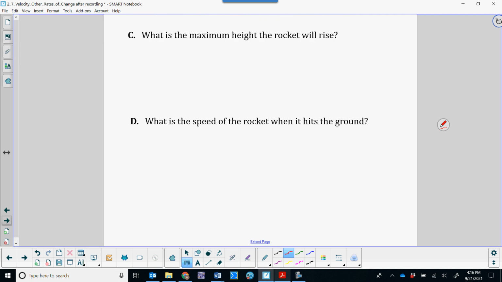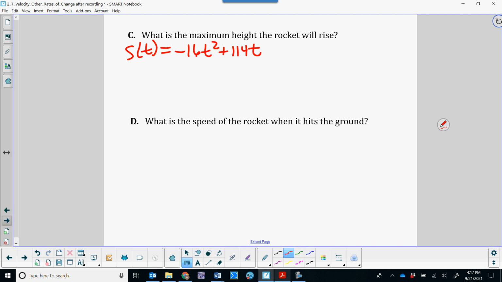What is the maximum height the rocket will rise? Your position equation, I'm going to rewrite it right here so you can see it, is negative 16t squared plus 114t. Now we're going to do a bunch of stuff later to figure out how to actually give a maximum, but you know this from Algebra 2 even.